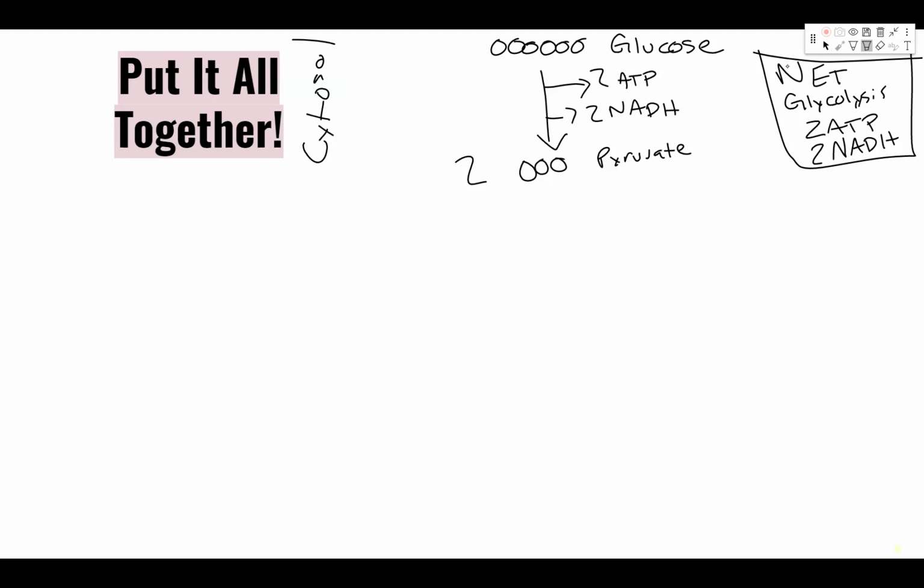So we're going to keep track of that by drawing a little mitochondria. And because it's actively transported, we're going to get a little transport protein in there.